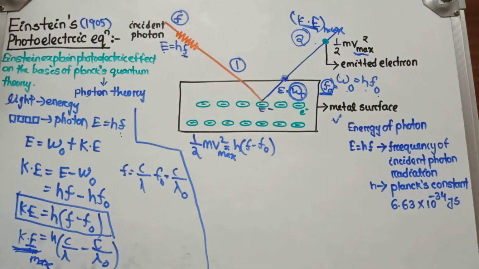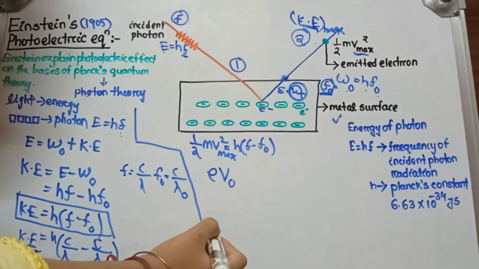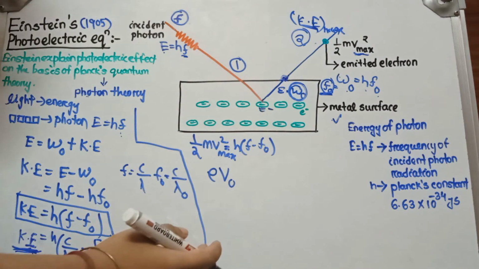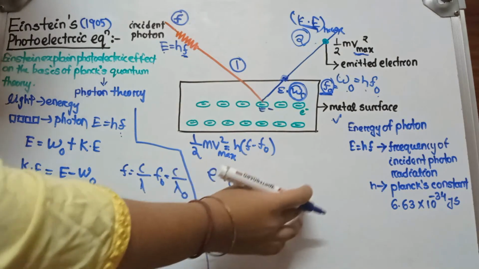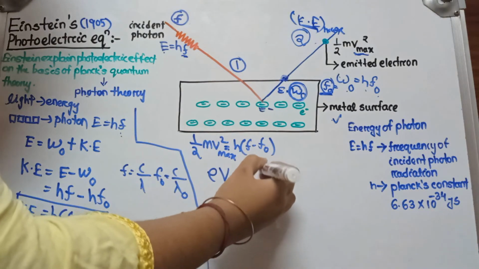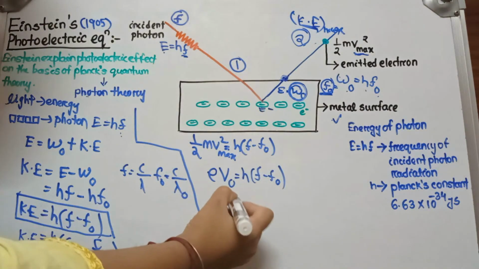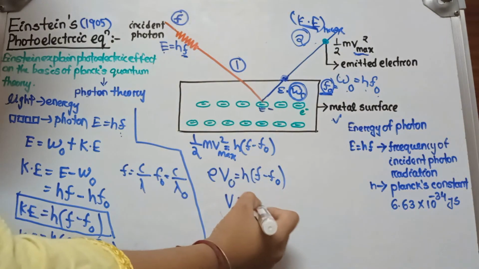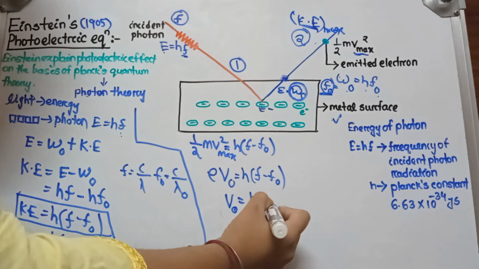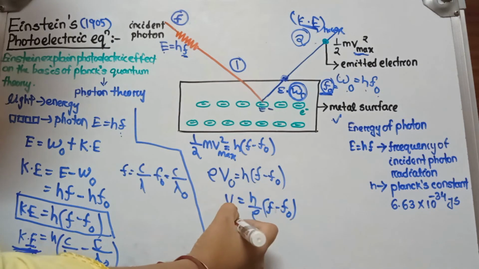You clear on it? You know half mv squared equals eV0, if you don't know, just take this as a hint. So eV0 equals h(f minus f0), then V0 equals h by e times (f minus f0).